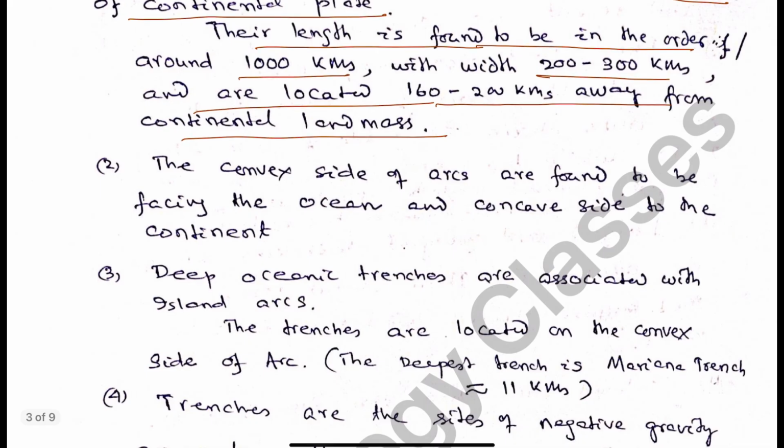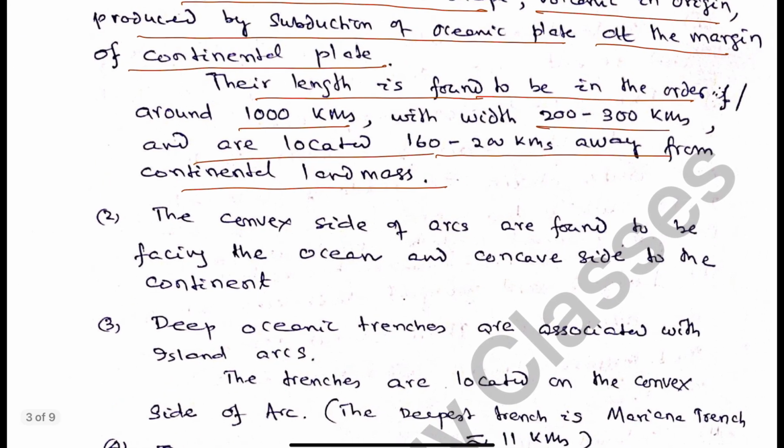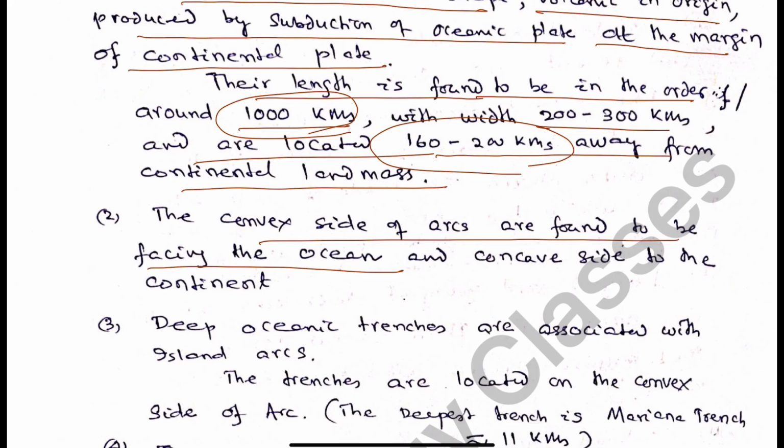So the island arcs are volcanic in origin, and they extend over a length of around 1000 kilometers, and they are away from the continental margins. The convex side of the arcs is found to be facing the ocean.